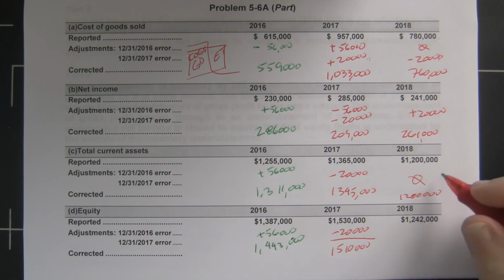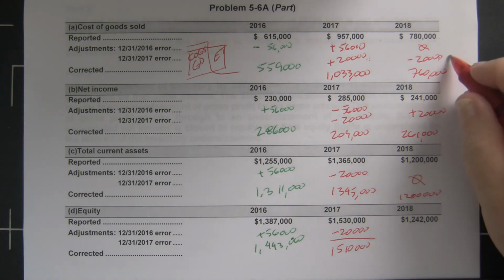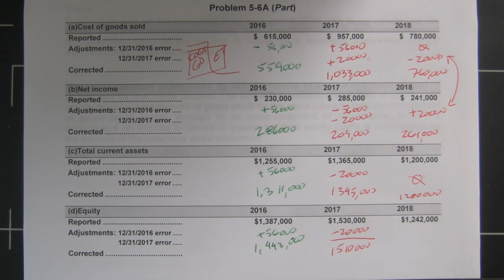And since they made no new error this year, and since these obviously cancel, cost of goods sold and ending inventory are two halves of the same coin, there's no change necessary here. So it's not as confusing as it looks at first. You just have to go through it step by step by step.